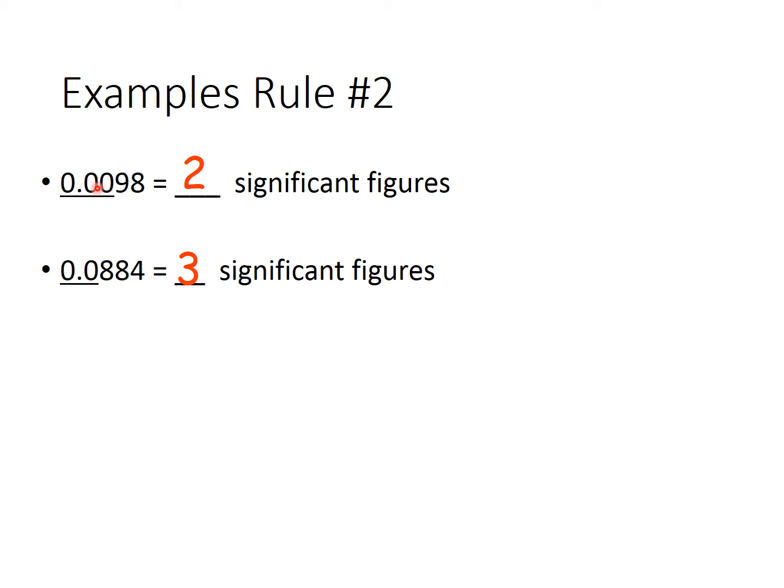Now, just because these zeros are not significant doesn't mean that they don't need to be there. If I removed those zeros, the first number would be 0.98, and that's a lot different than 0.0098. So they do need to be there. They're placeholders in order to push the significant digits out to the thousandths place and the 10,000ths place, which is where they need to be.